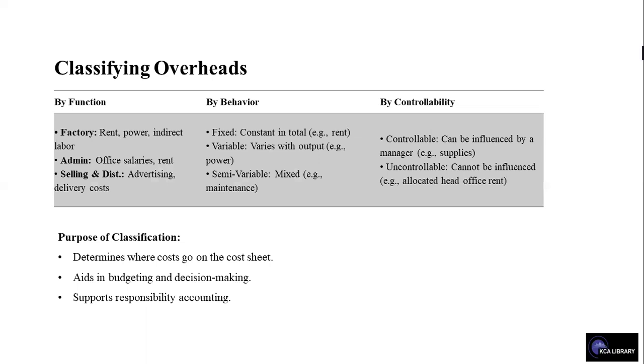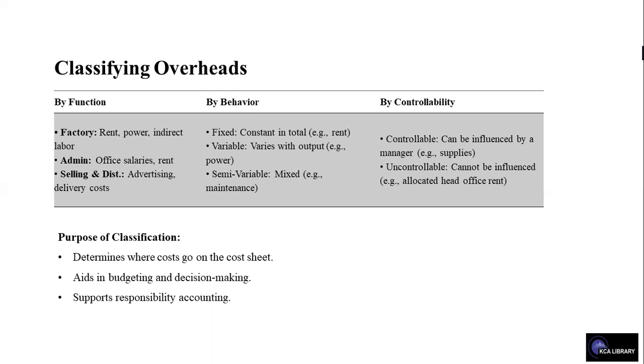When we talk about by function, it talks about factory, in terms of rent, the power, indirect labor, and in terms of admin, we have the office, salary, rent under the admin, and under the selling and distribution, we have the likes of advertising and delivery costs.